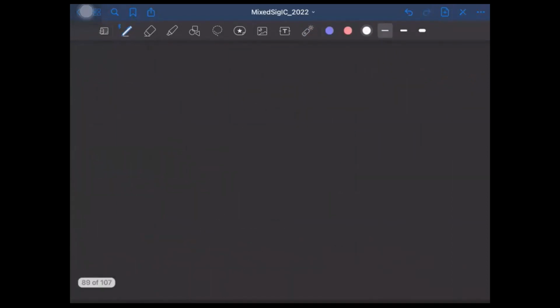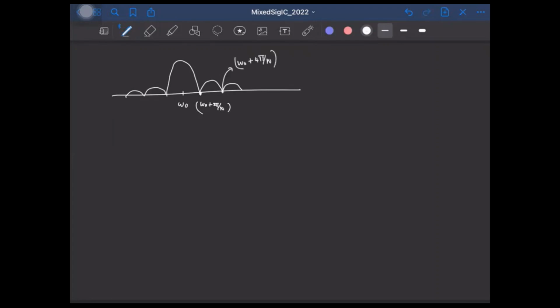So let me move to the next page. I'll draw the spectrum again. So this frequency is omega naught, and this is omega naught plus 2 pi by N, right? And this frequency is omega naught plus 4 pi by N, right?